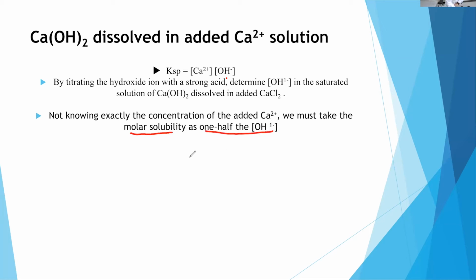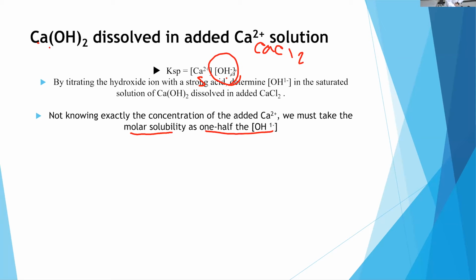We are not going to say molar solubility equals the concentration of the calcium, because calcium has 2 sources here. One is calcium hydroxide and one is calcium chloride. So we only use the concentration of hydroxide ion in order to determine the solubility, or molar solubility.